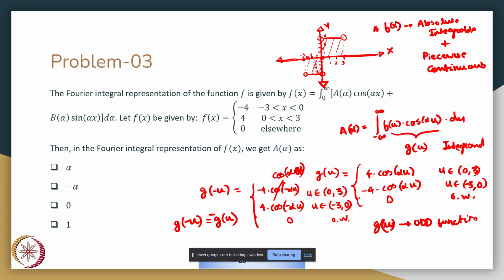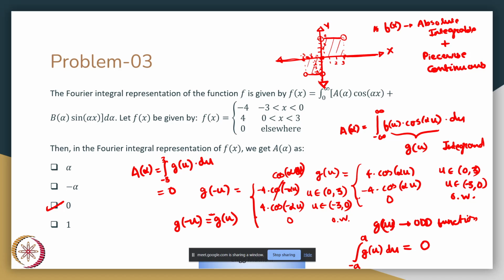And therefore, if you were to integrate g of u du with an interval of width 2a, which is symmetric about u equal to 0, then the integration should vanish. In our case, a of alpha turns out to be integral of minus 3 to 3 g of u du. So it should vanish, which basically again goes to option C, a of alpha equaling 0.